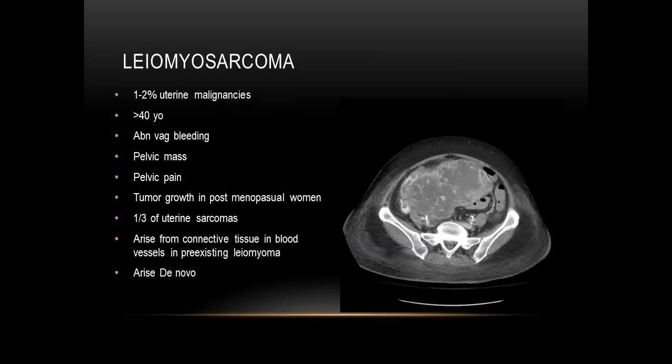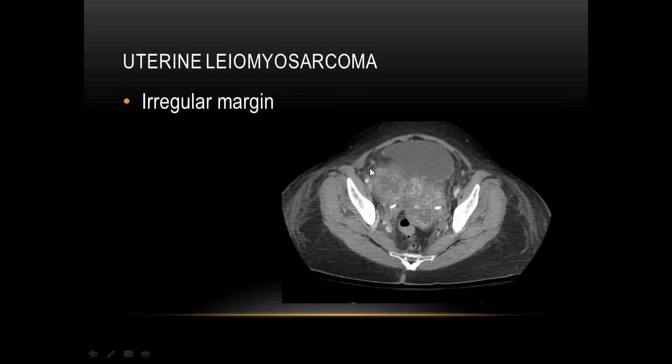They are 1/3 of all uterine sarcomas. They arise from connective tissue and blood vessels, and from pre-existing leiomyomas very rarely, or they may arise de novo. So you can see this irregular mass kind of taking over the uterus.